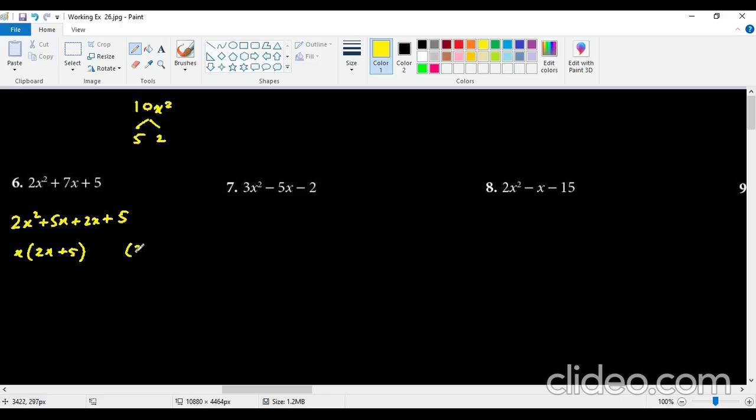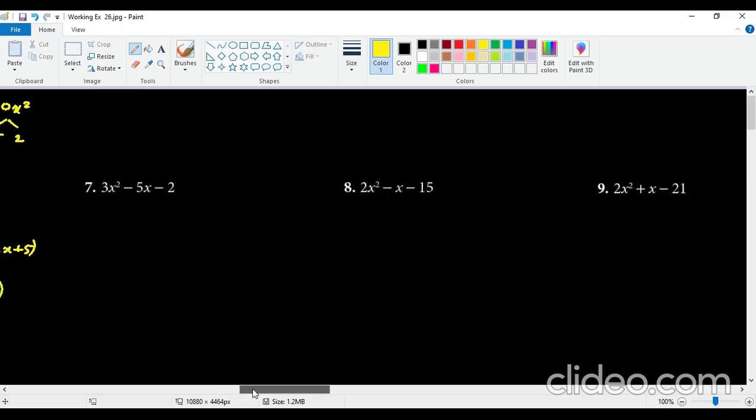Copy down the same bracket once again, and plus 2 will be written like this. So x plus 1 and 2x plus 5 are going to be the factors of this quadratic expression. So 2x plus 5 and x plus 1 is going to be the answer for this question.